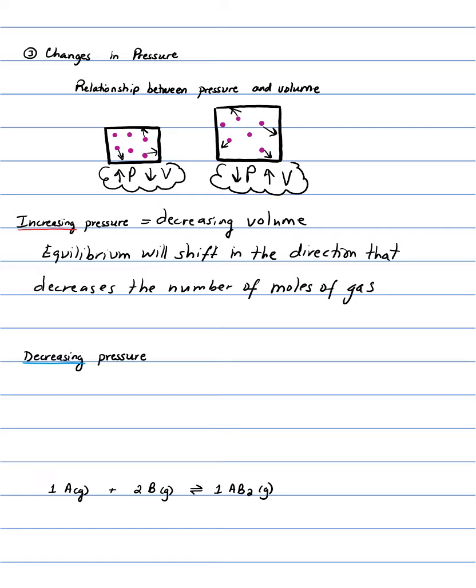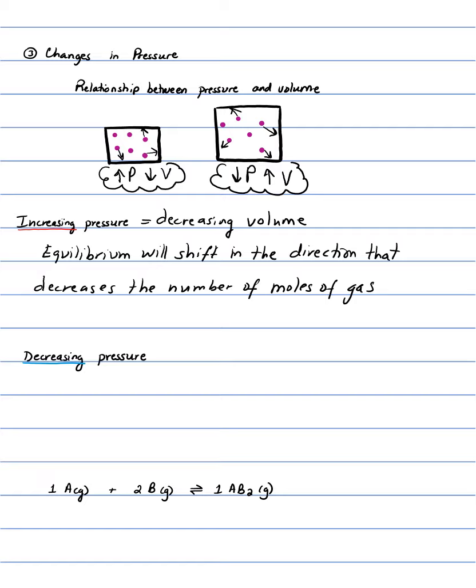If I increase the number of dots in my box, now the number of collisions will be higher, which is going to result in a higher pressure. If I remove some of the dots in my boxes, less dots means that you have a lower number of collisions, decreasing the pressure. And that's important when we're trying to predict what's going to happen to the equilibrium when changes in pressure are performed.